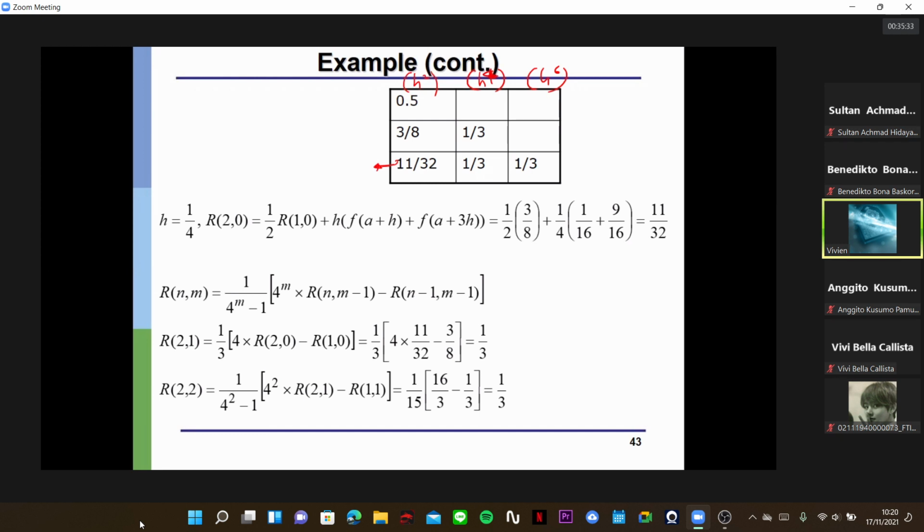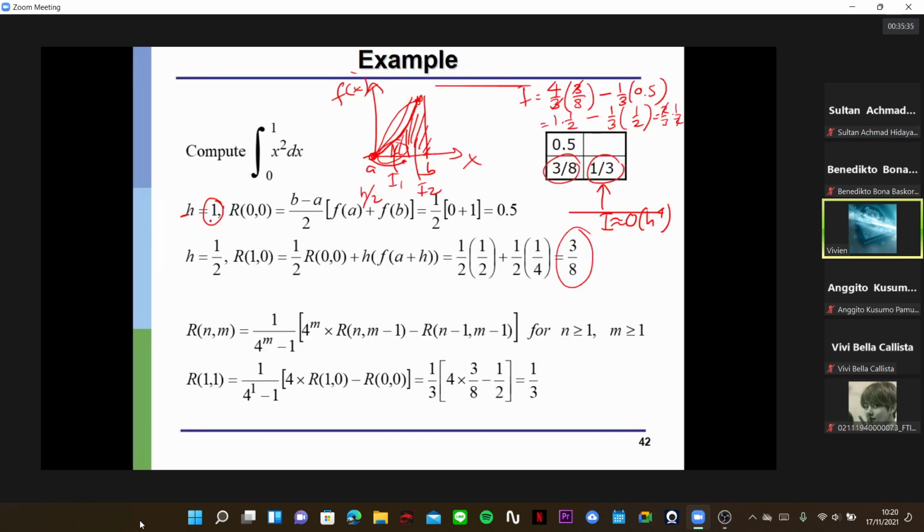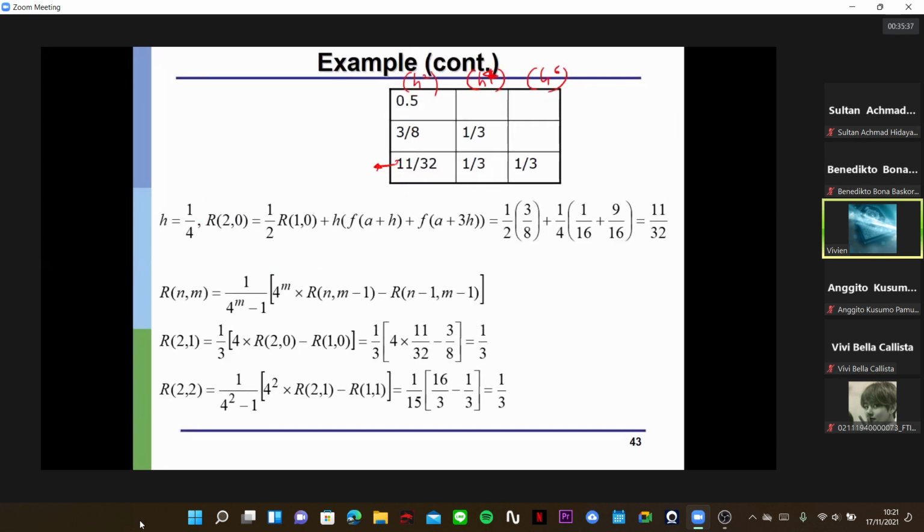If we previously calculated with h as one half, for this one we calculate with h as a quarter, twice of that. So this is one segment, this is two segments, and this is four segments. With four segments, we have h divided by 4, so now we calculate the result.